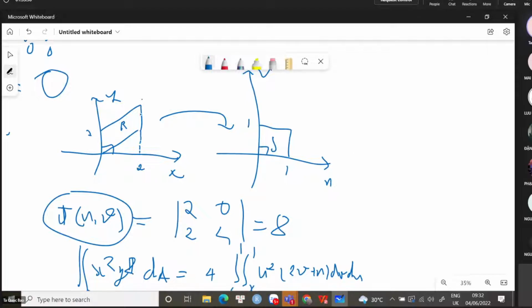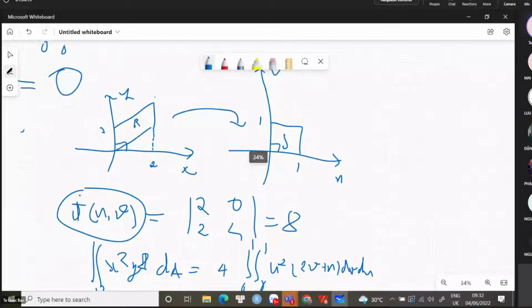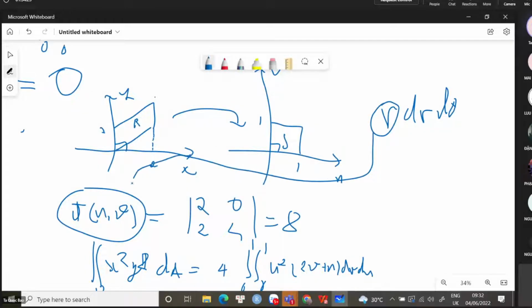In this case it is not a linear transformation, whereas the earlier one was a linear transformation. So therefore, the terms r and d theta are here exactly the Jacobian.